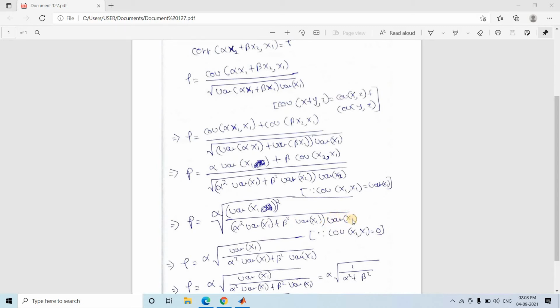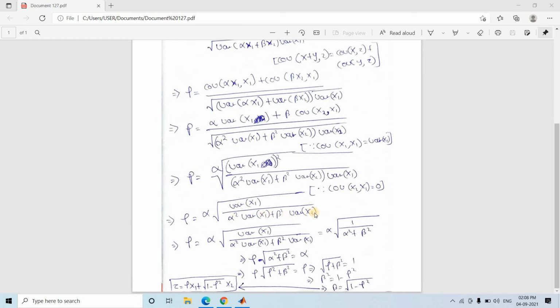Now see, variance of x1 here in the denominator, in the numerator variance of x1 whole square. So you can simplify this, and only variance of x1 will remain in the numerator. Okay, so rho equal to alpha multiplied by square root of variance of x1 by alpha square variance of x1 plus beta square variance of x2.